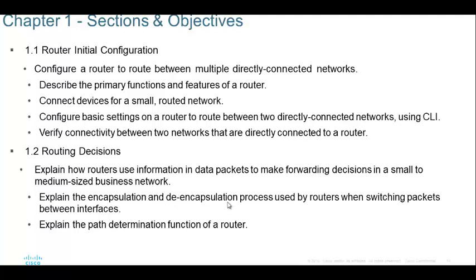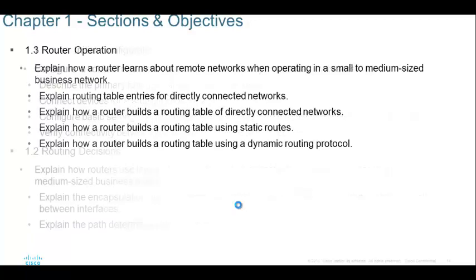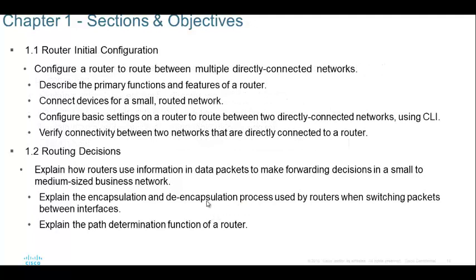After knowing, you just encapsulate it again and send it. And how is the path determined? Using the routing table's info. All those things are going to come in 1.2. In 1.3, we will be learning static routes.